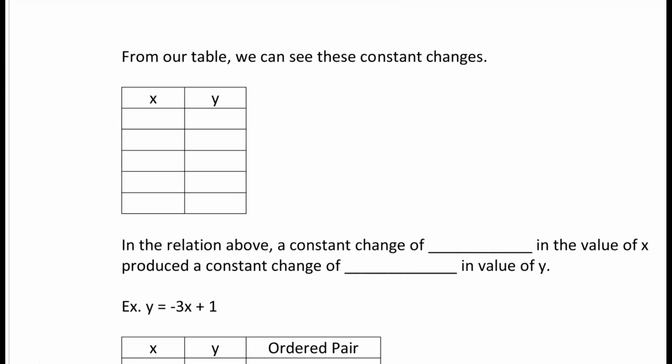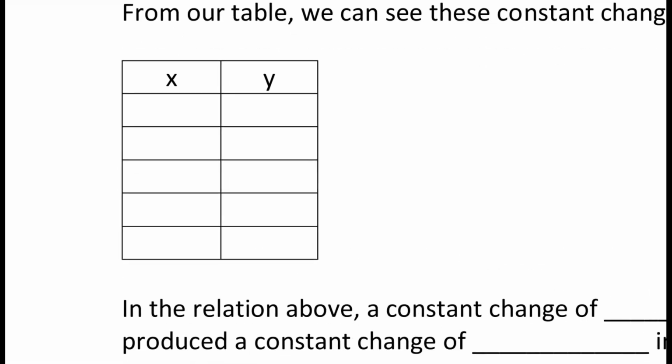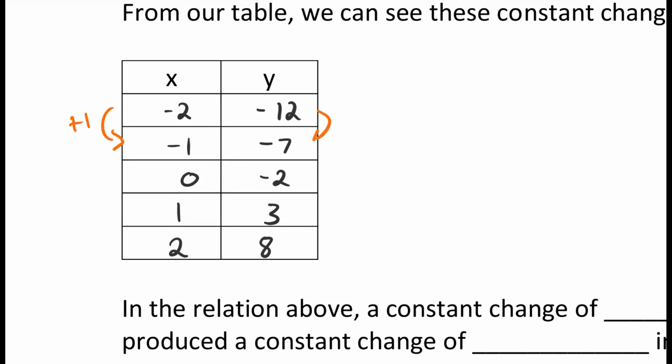Sliding over to our next table on the next page. Now this table is here just to reiterate the point that we talked about. The values that we had were -2 and -12, -1 and -7, 0 and -2, 1 and 3, 2 and 8. The changes that we had here were from here to here was +1, and here to here was +5.